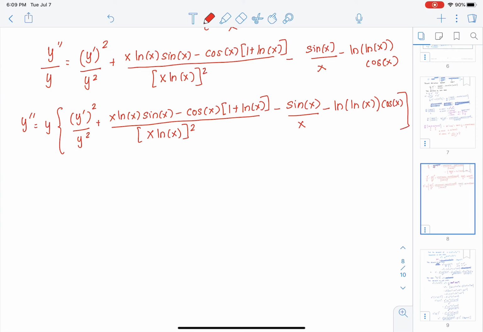And that would be the final answer. We don't want to simplify it further. It's only going to get extremely painful, so we would leave it as is.